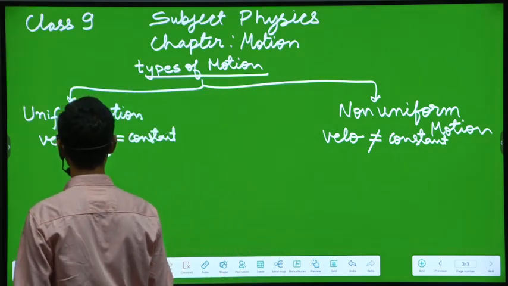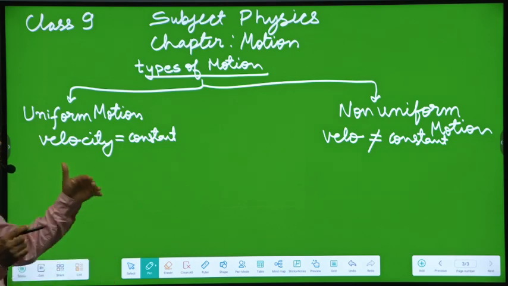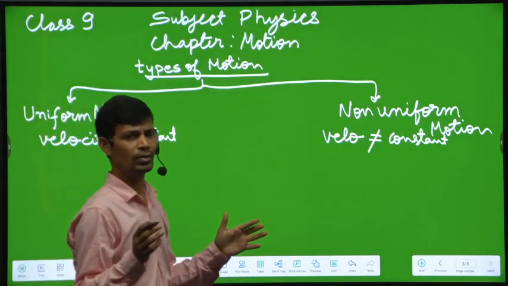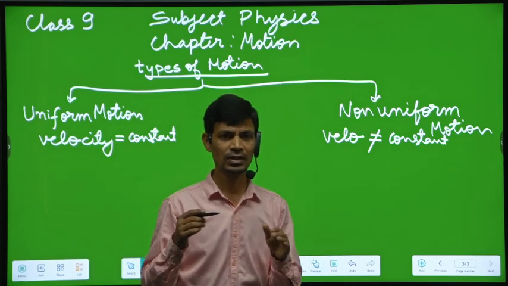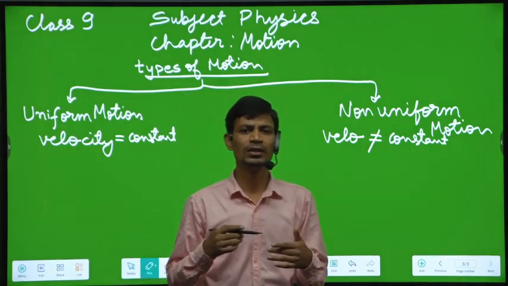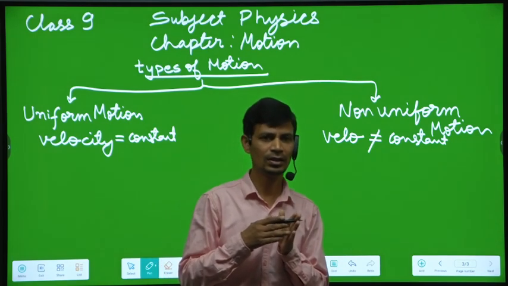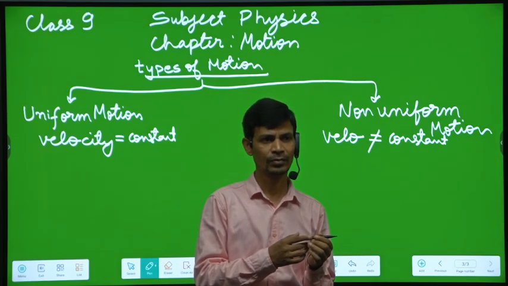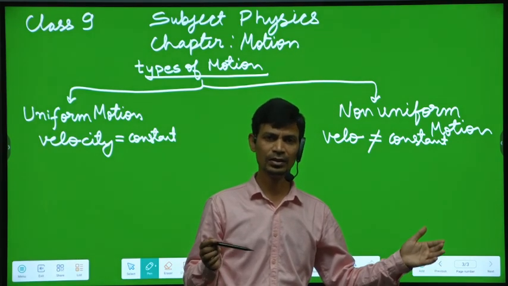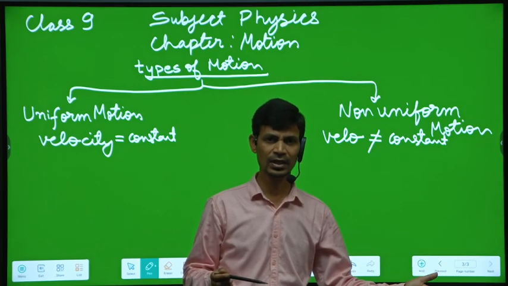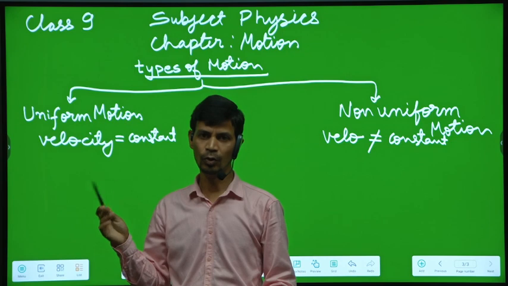So if speed or velocity is constant, now I'm going to use the term velocity only, because we are dealing with motion in a straight line. If we are dealing with that concept, then we would be dealing with displacements, and hence we are interested in velocity more.